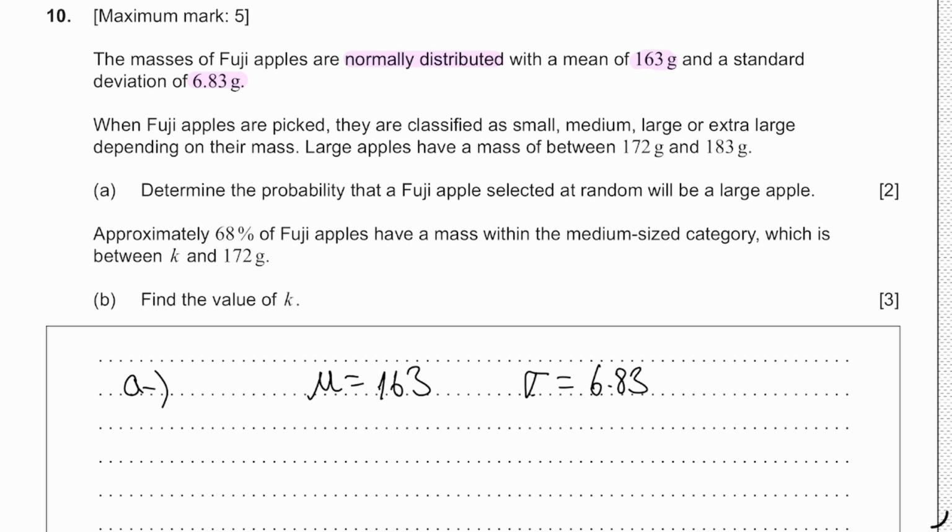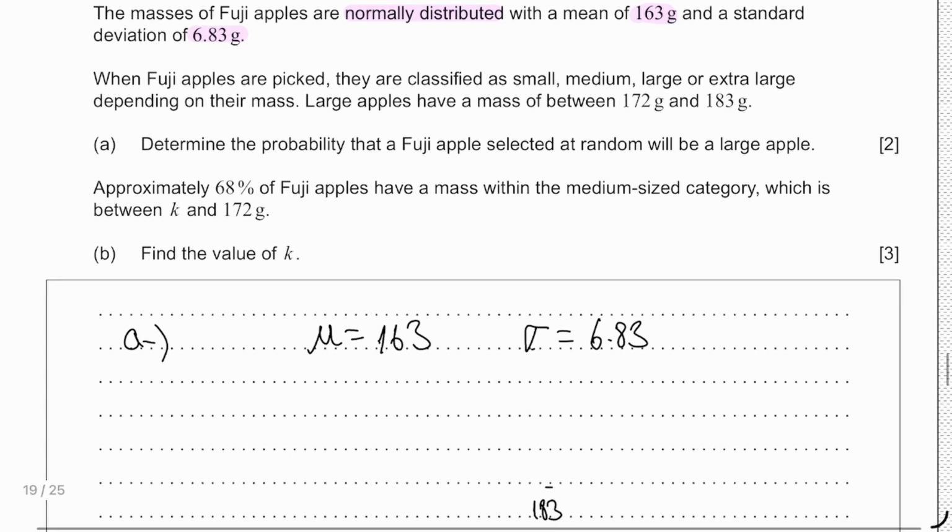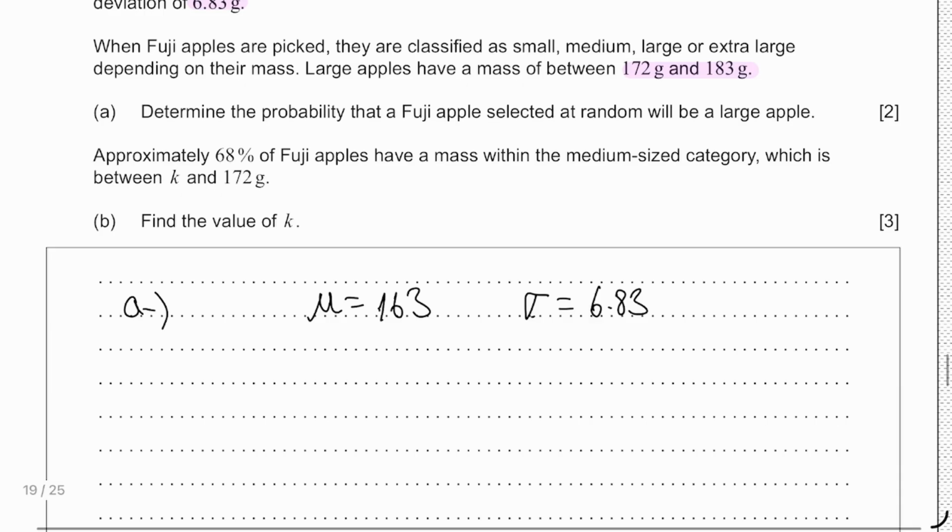When Fuji apples are picked, they are classified as small, medium, large, and extra large, depending on their mass. Large apples have mass between 172 and 183. Determine the probability that a Fuji apple selected at random will be a large apple.